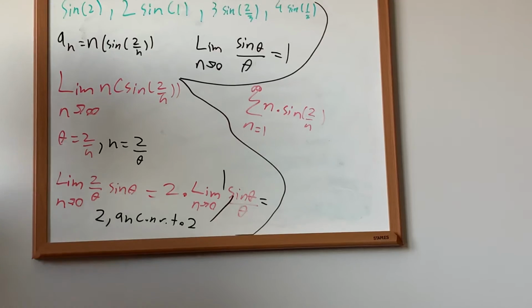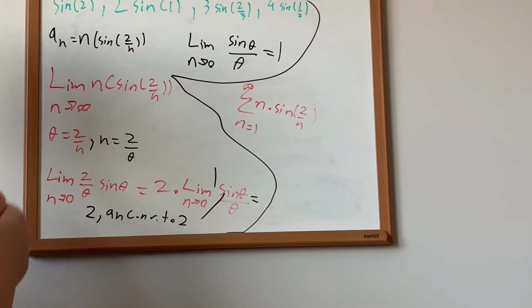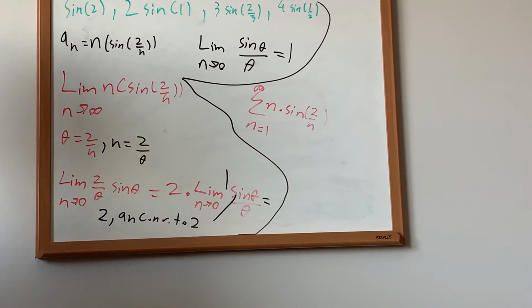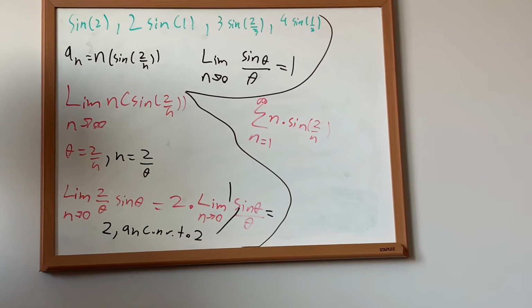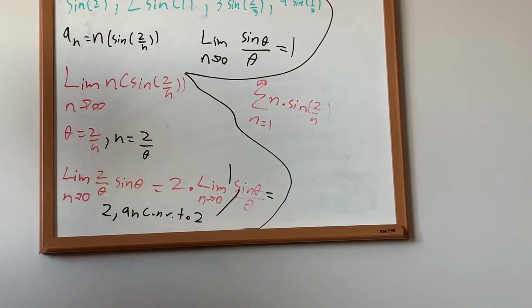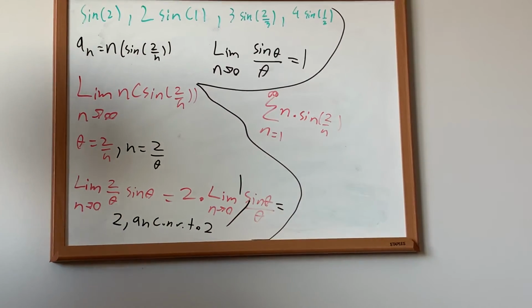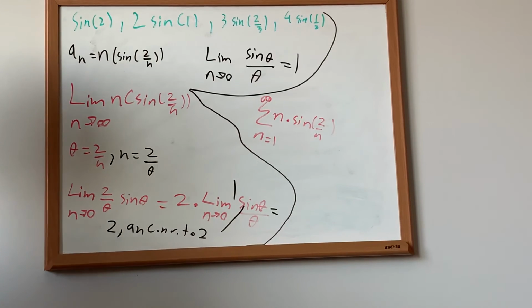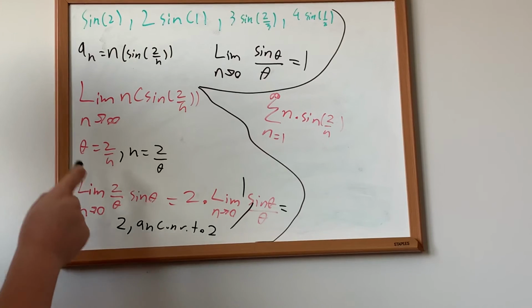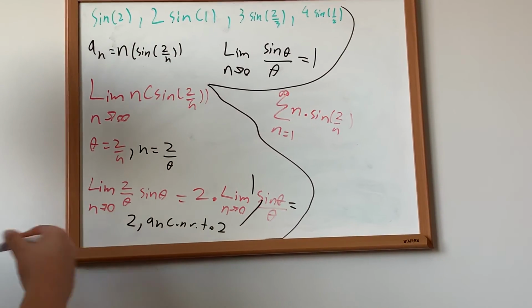For this, we should look back at what we did for a sub n. If a sub n approaches 0, then we can say the series may converge, because for any value other than 0, we can say that the series diverges. But if it is 0, we can conclude that the series converges. We proved that the limit as n approaches infinity of a sub n is equal to 2.